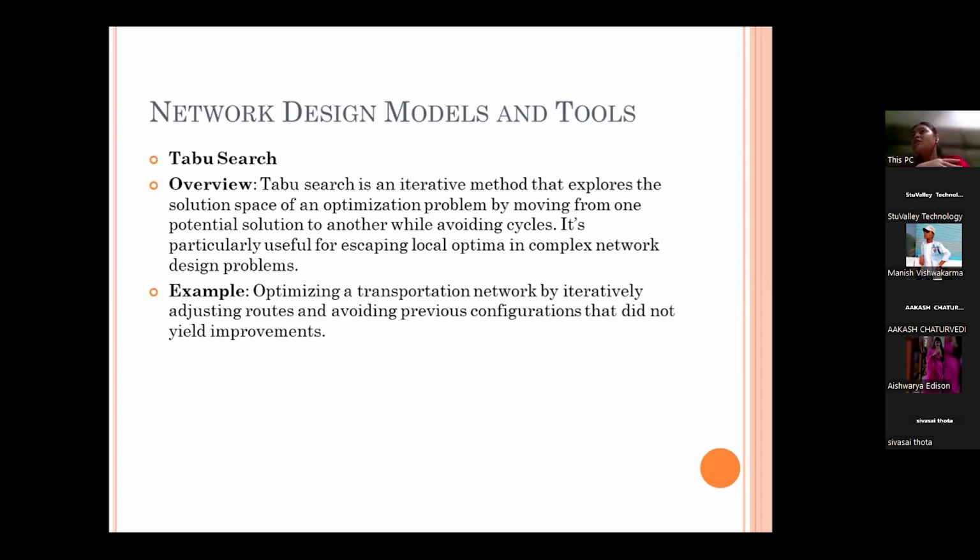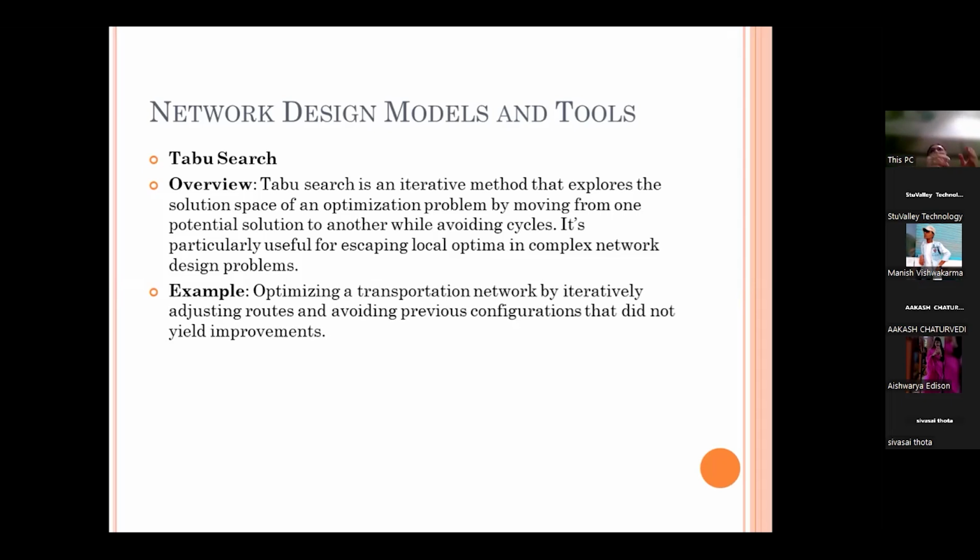If the previous configuration is not yielding improvements, like if I have to reach some location in 10 minutes, but the route is not able to do it in 10 minutes, then the previous scenario will be rejected and a new scenario will come, which may not be exactly 10 minutes, but then it will go to 12 or 13 minutes.